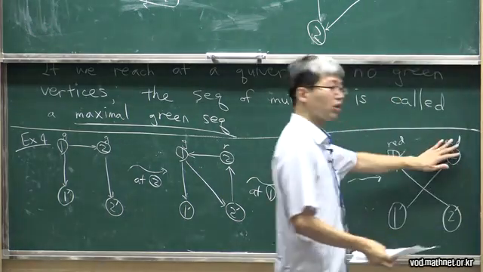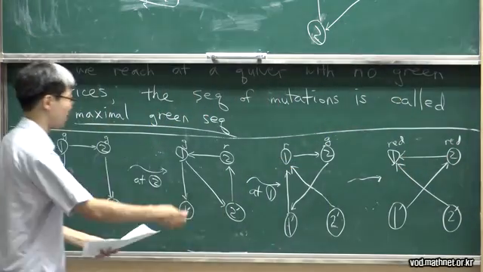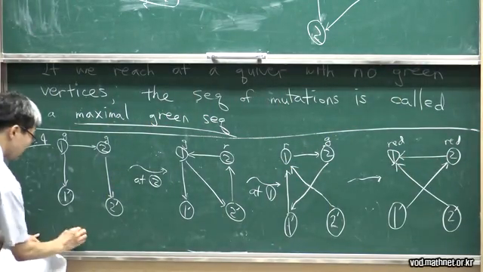So there are no more green vertices, so we stop here, and this is another maximal green sequence.